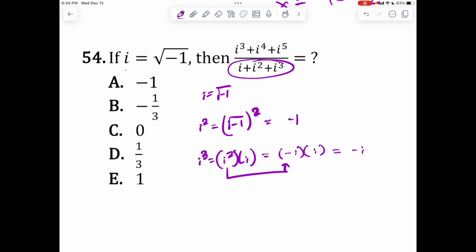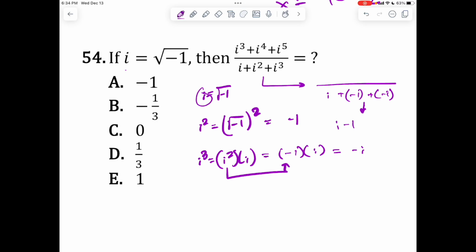So this entire denominator ends up being i plus i squared, which is -1, plus -i, which is i minus 1 minus i, which is equal to -1, because the i's cancel out. So my denominator, all of this atrocity, is just -1.